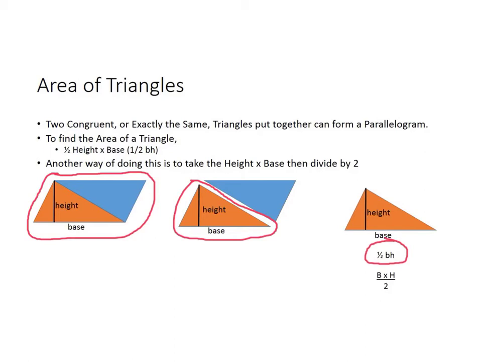Remember, base times height is for the parallelogram, and a triangle is half of that. Another way to write the equation is base times height divided by 2. This is very important with triangles. You still take the base times the height, but you have to divide it by 2 because it only takes up half of the space of the parallelogram.